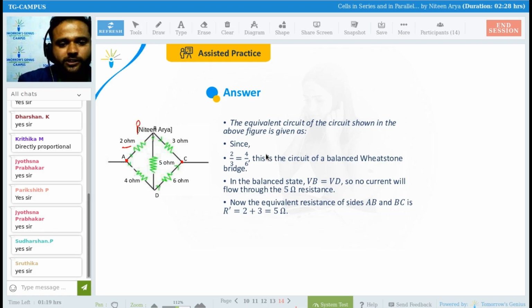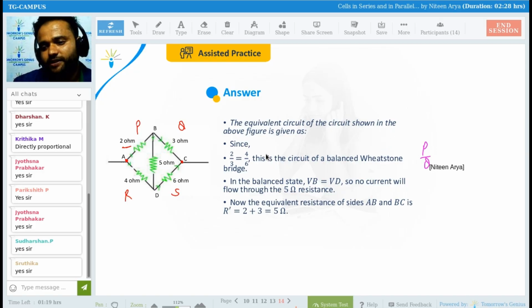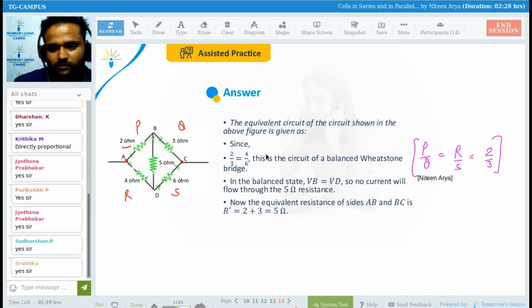Moreover, it is P, Q, R, S, and you automatically see 2 by 3, 2 by 3. This is the balanced Wheatstone bridge condition. Got it? This is the circuit of a balanced Wheatstone bridge.